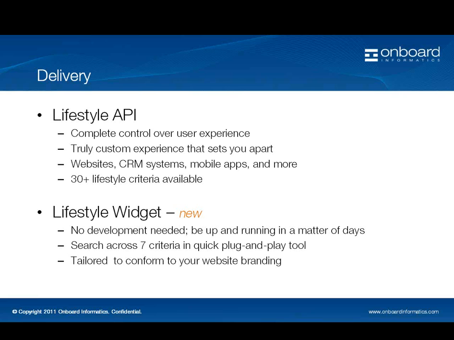They want to have something different on their site, or they want to have control over how people are searching and really get a lot of the benefits, the SEO benefit and things like that. There's also a lifestyle widget, which is actually just a piece of code that you simply put up on your website. And it's very easy for clients to create their own small widget as well, being able to quickly develop against the API.